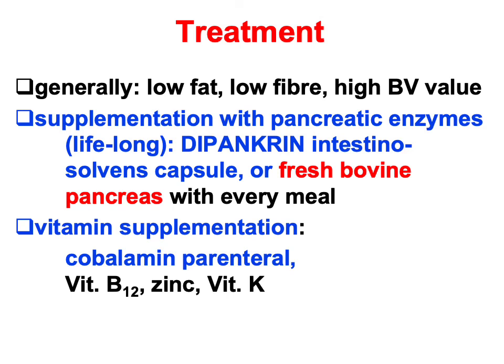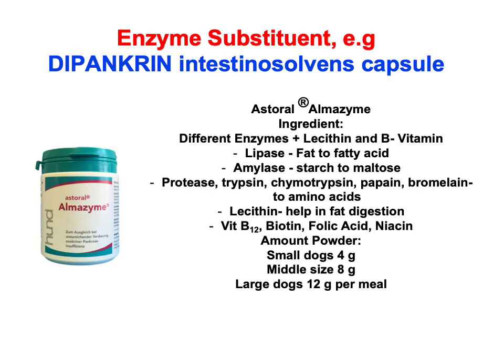For the vitamin supplementation, you can give cobalamin B12 parenterally, zinc and vitamin K supplementation. Here you can see the enzyme substituent, the D-pancreas intestinosolvent capsule with all the components and dosage.